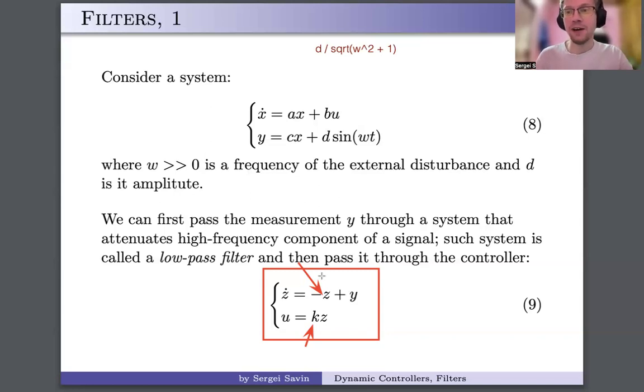So somehow we combined here filter and controller, and we still get what we would call a dynamic controller. There are no rules that we have to specifically combine Luenberger observer and controller to get something workable. Like here, this guy doesn't have anything to do with this system in terms of its form, but it does a useful function. It attenuates the output signal.